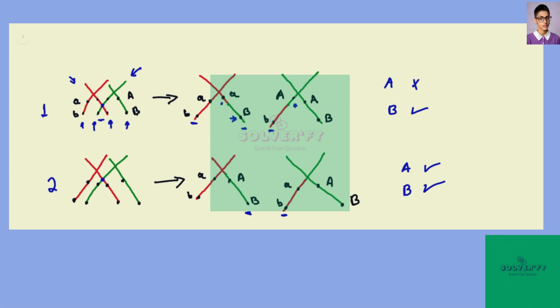And from these results right here, you can then make a call as to which gene is closer to the center of the chromosome. If we observe that any time that A is recombined, B is also recombined, which is case two, but that's not always the case vice versa. So if B is recombined, that doesn't necessarily mean that A is recombined.